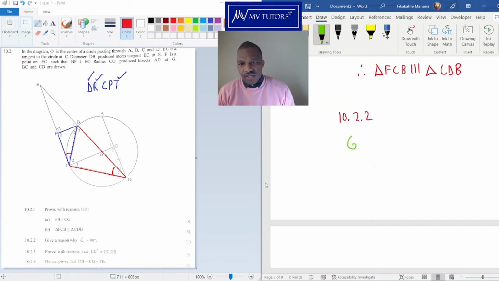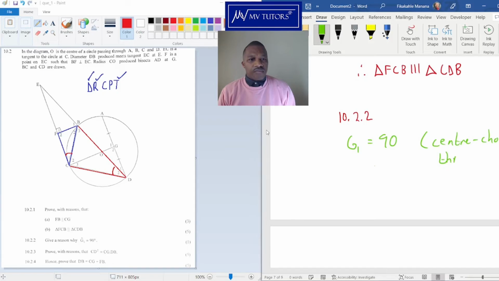So we're going to say that G1 or G2 is equal to 90 degrees because of the center chord theorem. Okay, that's all I'm going to say there. Center chord theorem says that the line from the center to the chord bisects that chord and forms 90 degrees. So that's it.